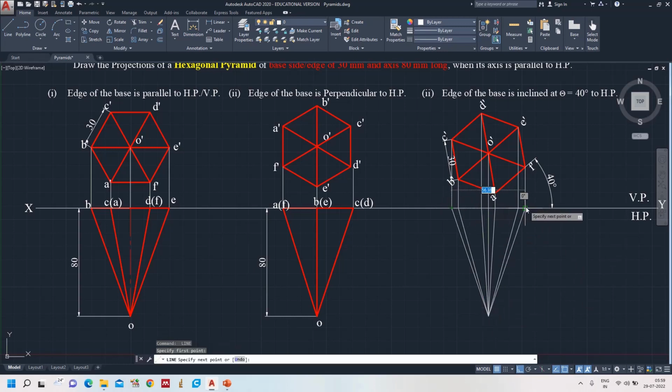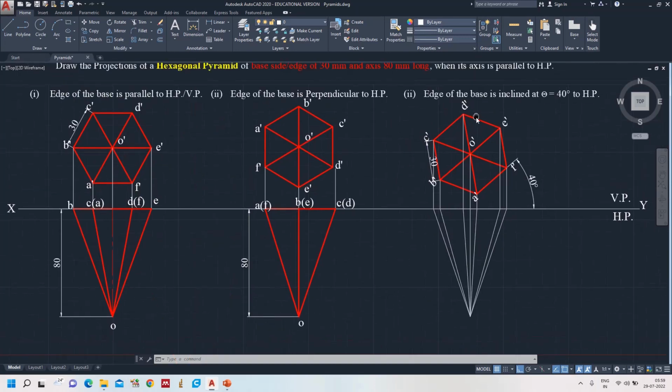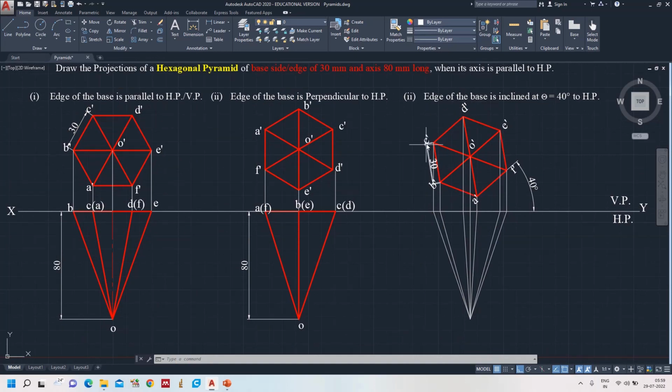Now I am drawing the base of the pyramid. So first, when you see from the top, C is clearly visible, D is clearly visible, E is clearly visible, F is also clearly visible. But these 2 points B and A are invisible to the observer's eye. When you view from the top, these 4 corners are clearly visible, these 2 are invisible.